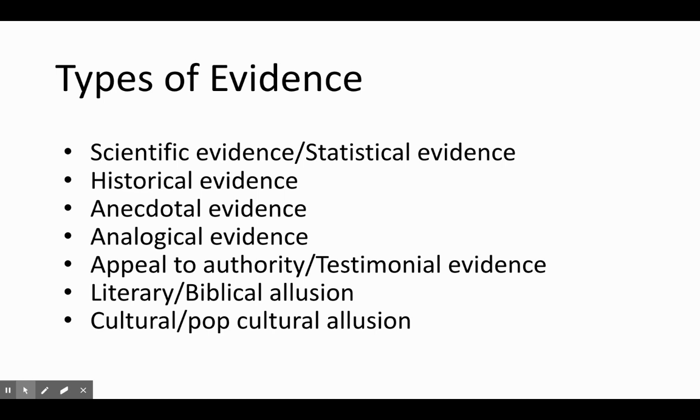Historical evidence we see Abigail Adams using in the letter to her son when she refers to Cicero, when she refers to Julius Caesar and Mark Antony. I know a lot of you thought of that as literary allusion because you were thinking of Julius Caesar, the play by Shakespeare that you probably read last year. However, she wasn't referring to Shakespeare.